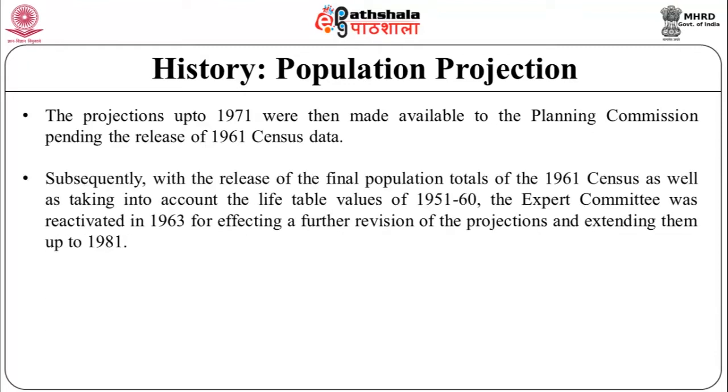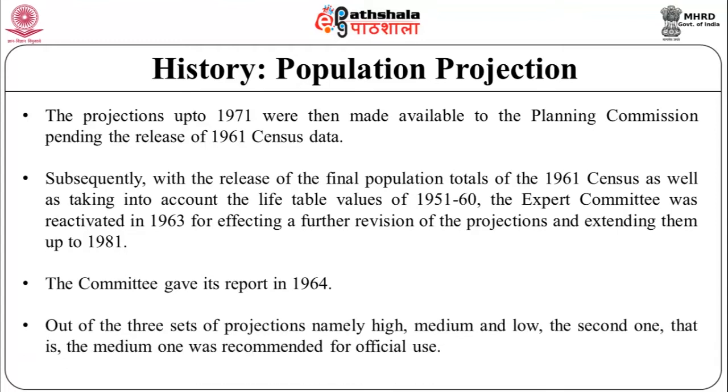Subsequently, with the release of the final population total of the 1961 census, as well as taking into account the life table values of 1951 to 1960, the expert committee was reactivated in 1963 for effecting a further revision of the projections and extending them up to 1981. The committee gave its report in 1964.